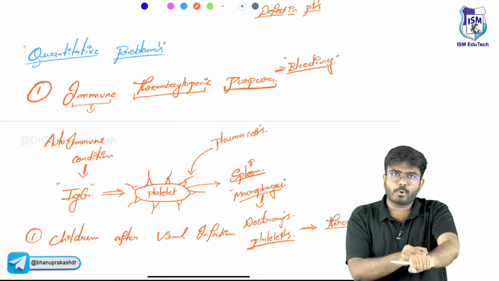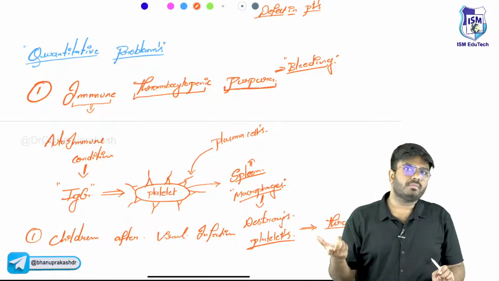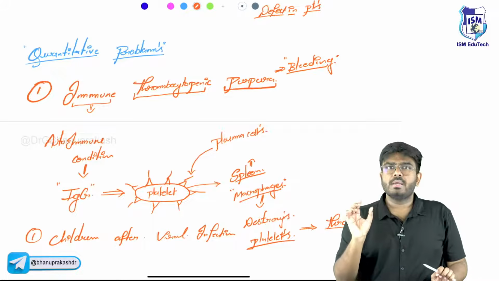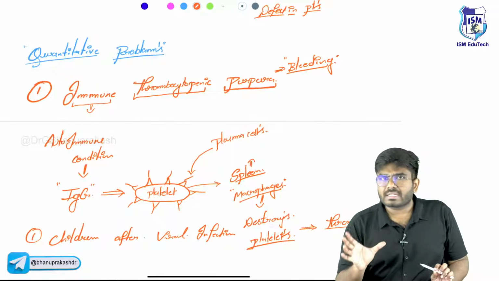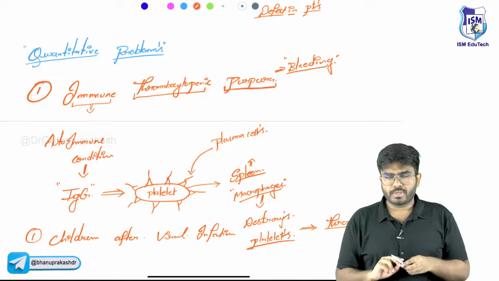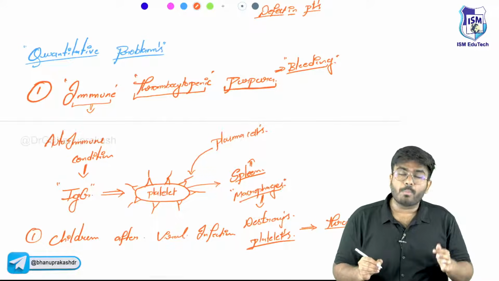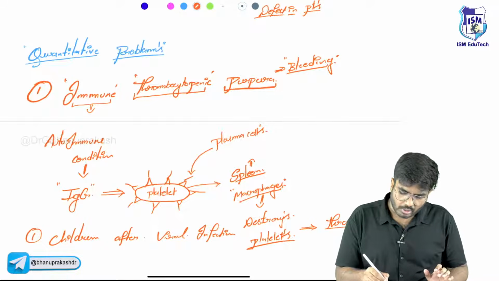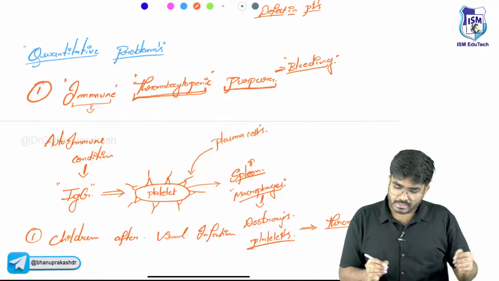So petechiae, purpura, ecchymosis are all bleeding, divided based on size: petechiae small, purpura a little bigger, ecchymosis bigger. The size is not that important. So, because of the immune destruction of the thrombocytes, there is thrombocytopenia. So, immune thrombocytopenic purpura.